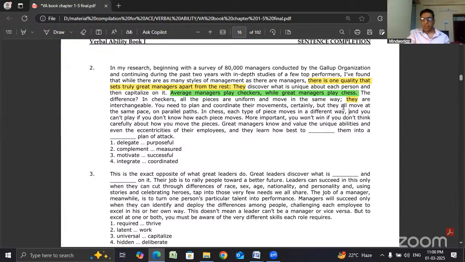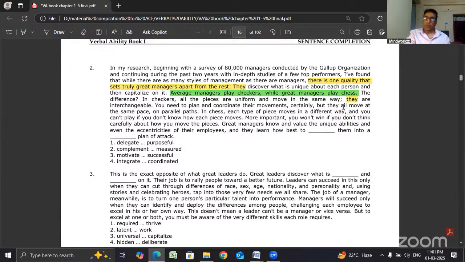So the writer is giving you some insight about what great managers do instead of what great leaders do. There is an infinite amount written on what great leaders do. There is a huge amount of articles and literature on leadership, right? But here the writer is talking about what great managers do.